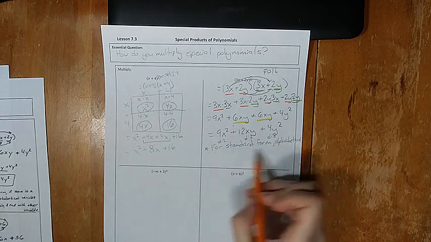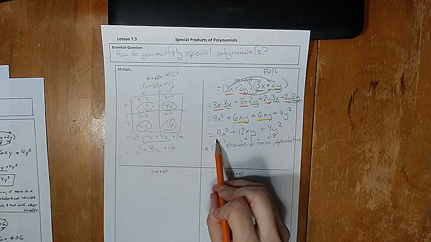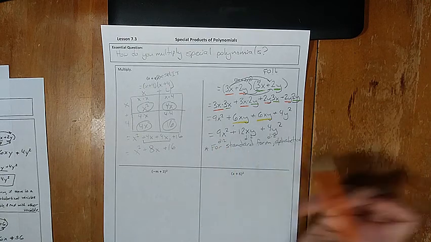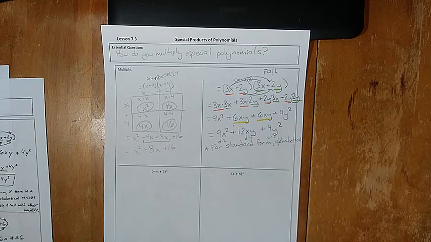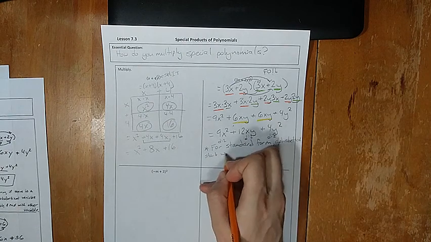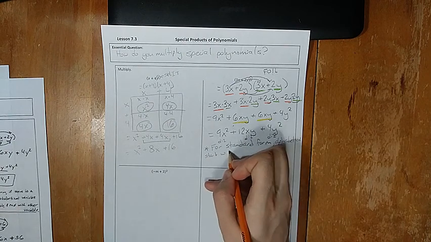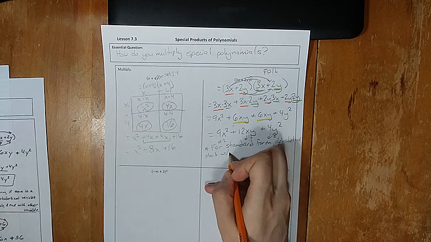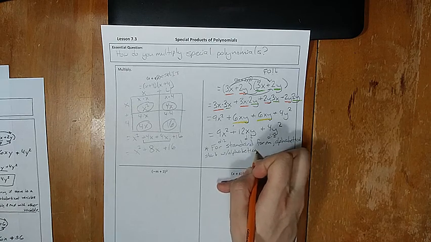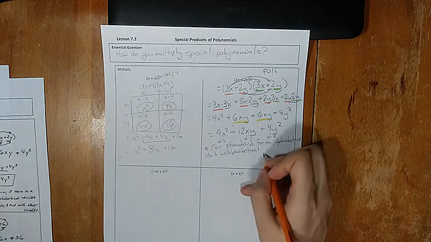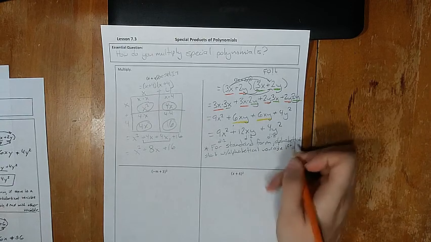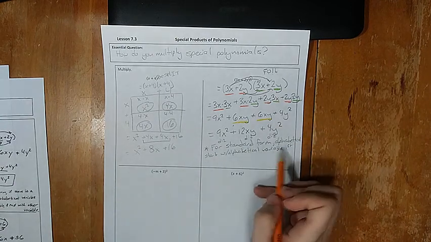So when we're writing standard form and we have terms that are tied for the same number of degrees, so we don't know which one comes first, we write them alphabetically. So we are going to start with the alphabetical variable first, the one that's all by itself.